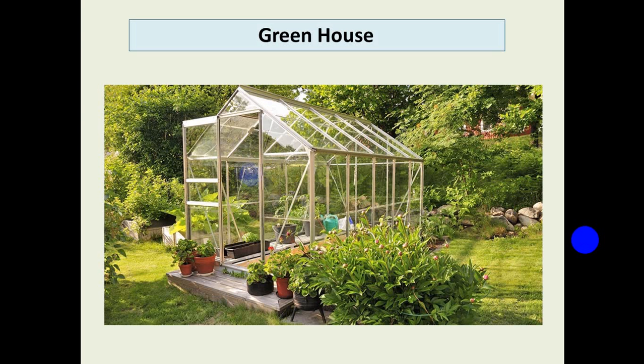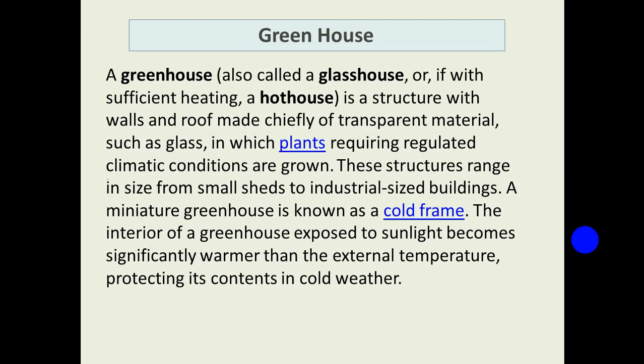Greenhouse: you can see a picture of a greenhouse. A greenhouse, also called a glass house, or if with sufficient heating, a hot house, is a structure with walls and roof made chiefly of transparent material such as glass, in which plants requiring regulated climate conditions are grown.